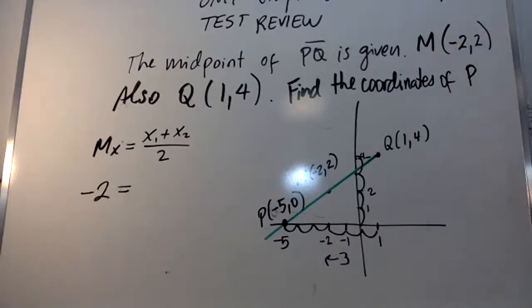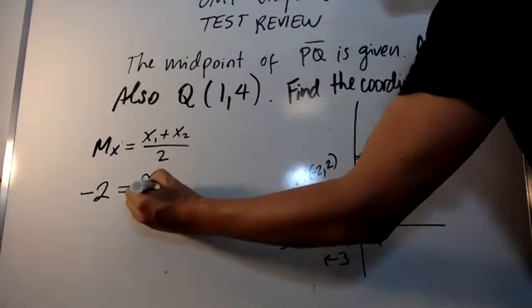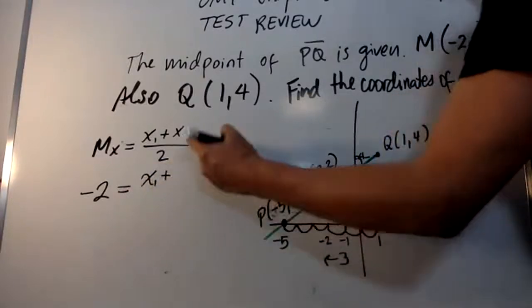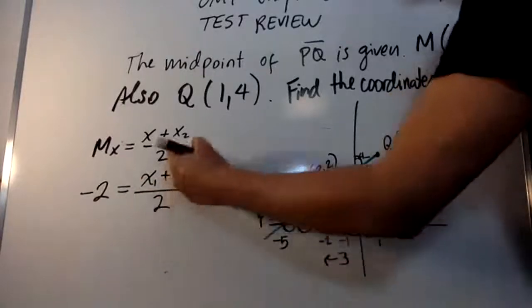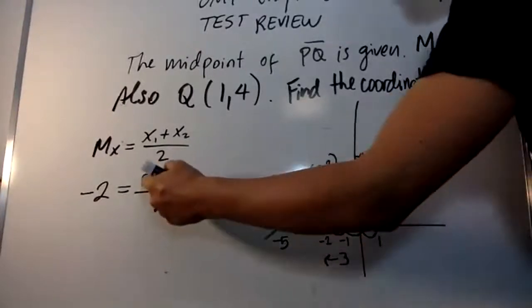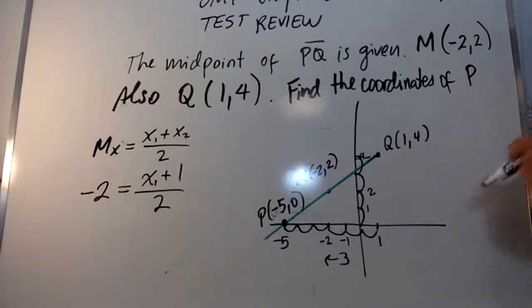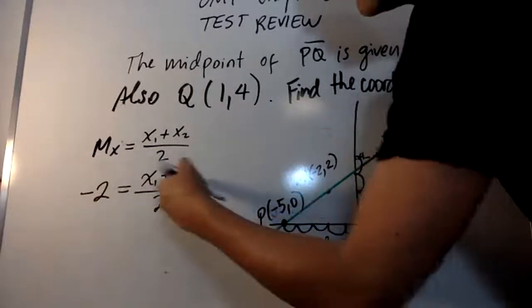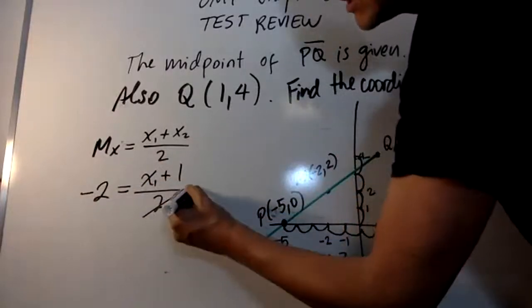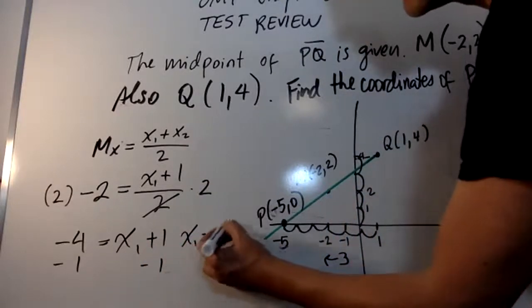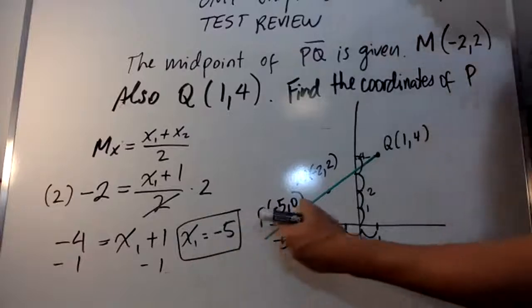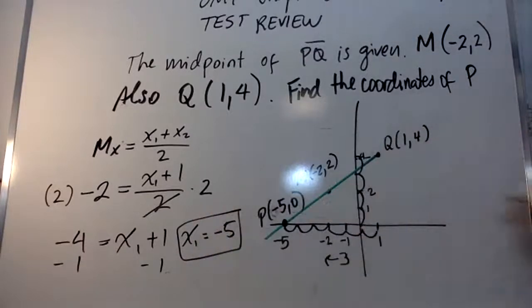You are not given the initial one, so you don't know what x1 is, but you are given x2, which is 1. And then you divide by 2 here, according to this. So it's just solving for x using this equation. So you multiply by 2 on both sides to cancel this. So x1 will be -5, right? And it matches, all right?